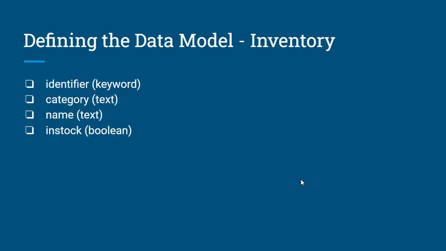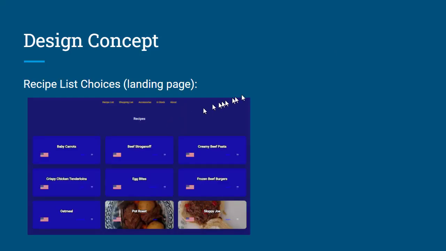Oh, also I have another index for my inventory, which will be the category name and a Boolean, which is a true or false, for whether it's in stock or not.